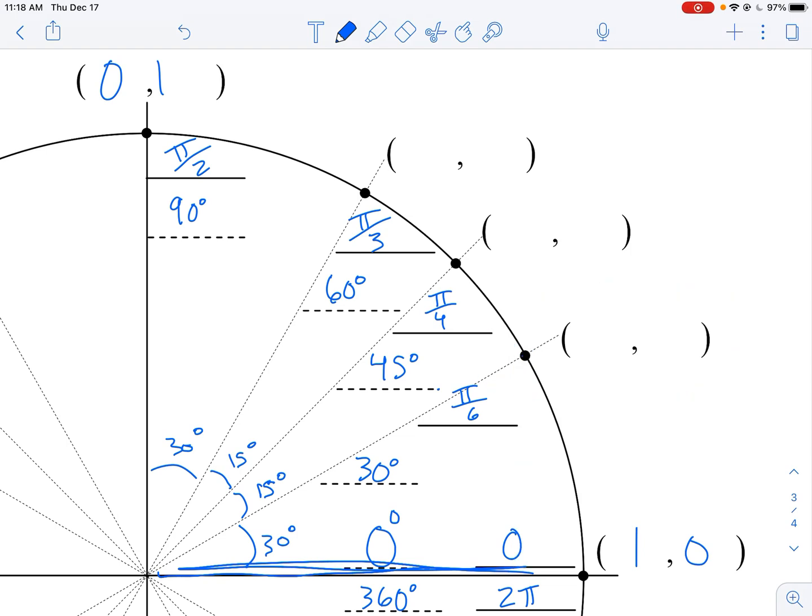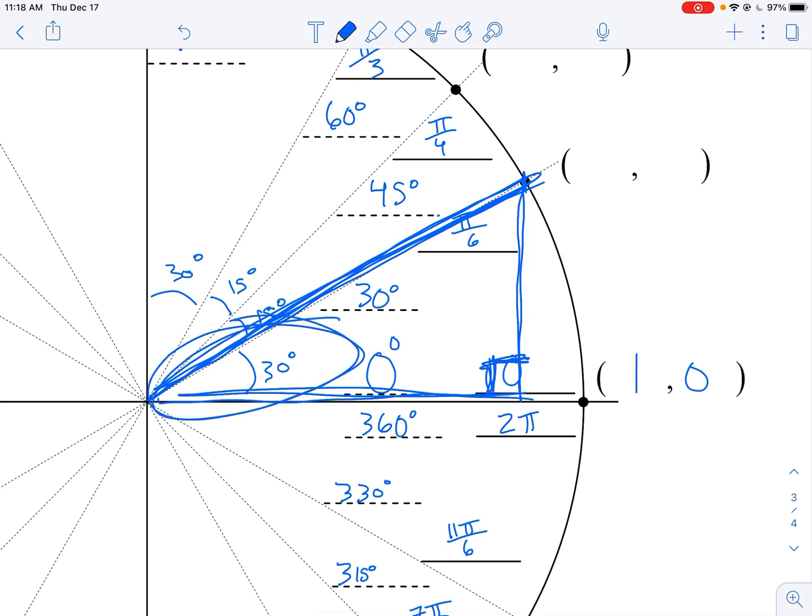Luckily, when you compare it to your radius here, it forms a right triangle. There's an angle in our right triangle, and you can use that angle to get these side lengths to figure out the x and y coordinate here.